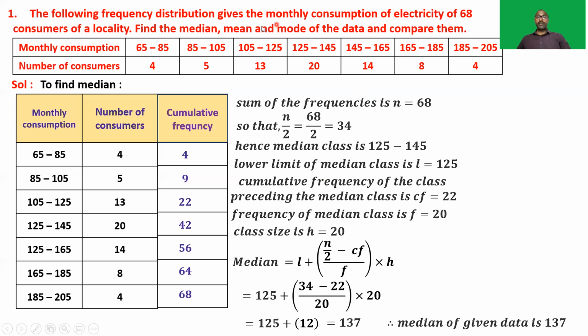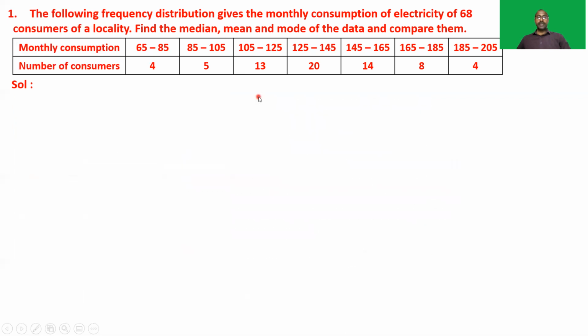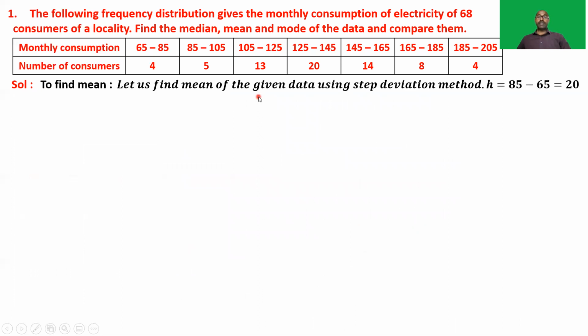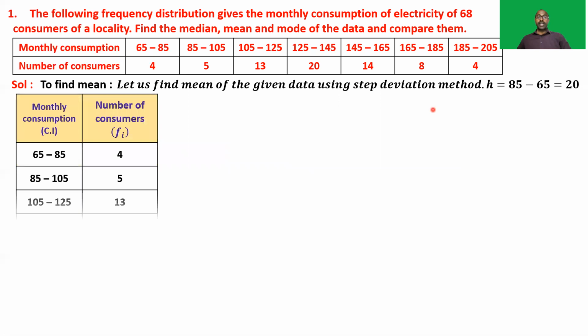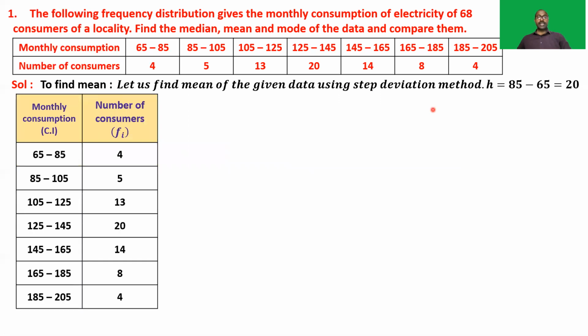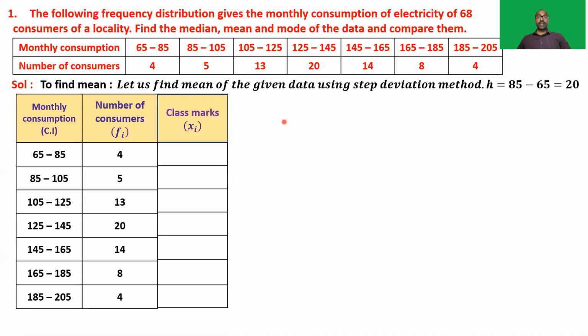So let us find the mean of the given data. Okay, to find the mean, let us use the step deviation method. Here, the length of each interval is h equal to 20, and take the first two columns as they are given in the data. And the third column we have to take while finding the mean is class marks, xi, that is the mid values of class intervals.